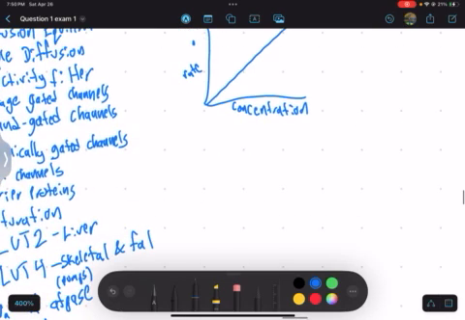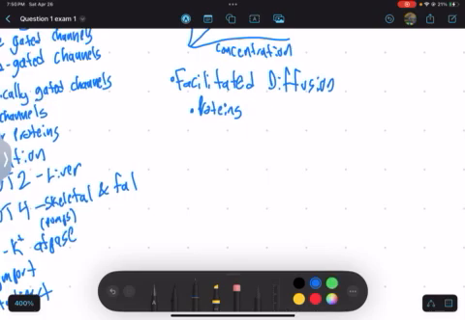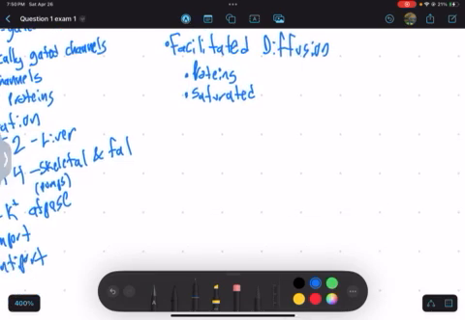Then next, we have facilitated diffusion. And these use proteins. With facilitated diffusion, you can be saturated. This saturation will cause you to not be able to pump as many solutes through.